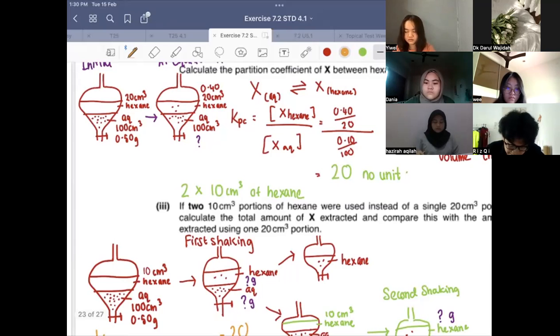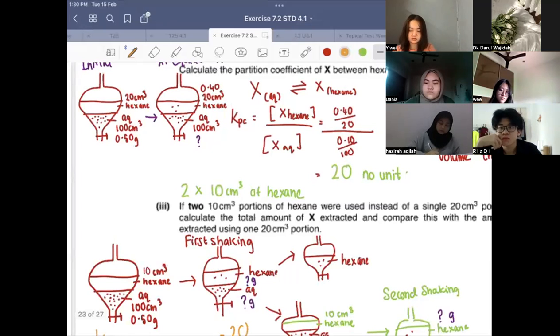So if the mass of X in hexane is Y, what is the mass of X in aqueous? What do you think? Can anyone suggest, if mass of X in hexane is Y, how do I find the mass of X in aqueous layer?